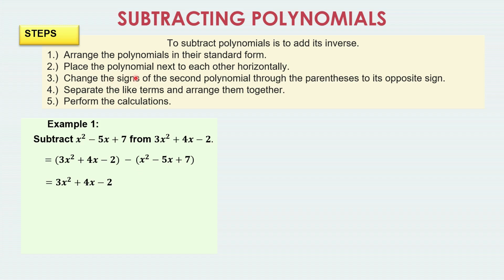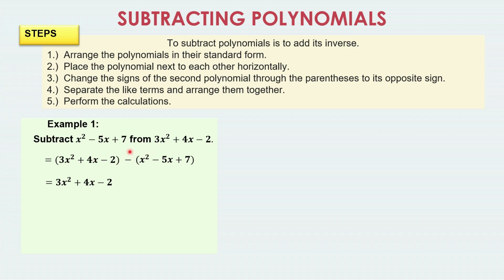Next, we change the signs of the second polynomial inside the parenthesis to its opposite sign. So I just rewrite the minuend here, but I eliminate the parenthesis. Next, I distribute this minus sign into each term.